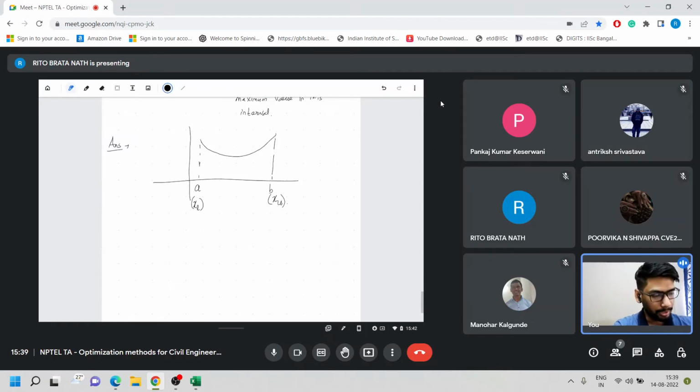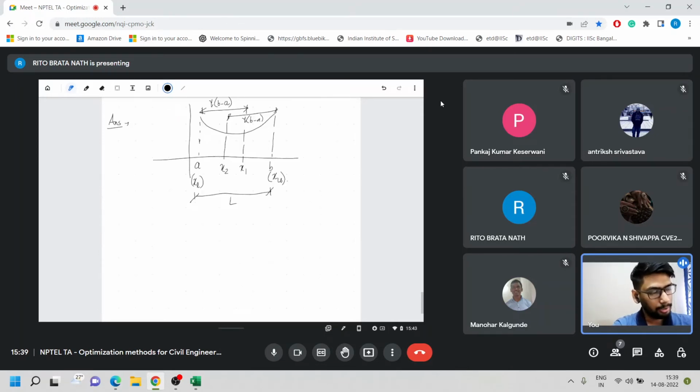Now, what you do, this entire length you can take as L, and then you will calculate something like this. This is tau times (B minus A). And again, from this side, you can take something similar, which is tau times (B minus A). This point you name as x1, this point you name as x2.